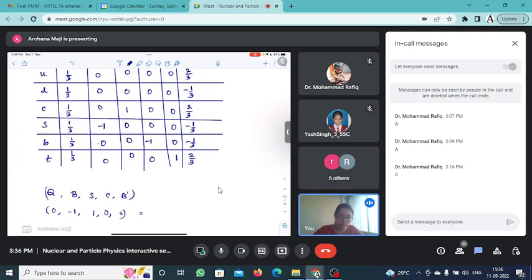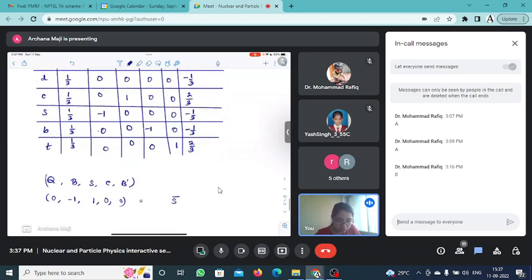There will be 3 anti-quarks and total charge has to be 0. So strangeness is 1, so that means there will be one S bar, and what about the other 2 quarks?